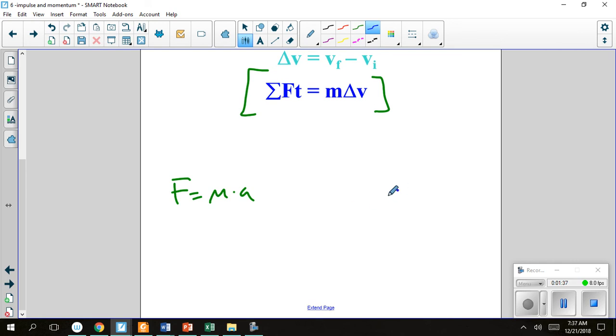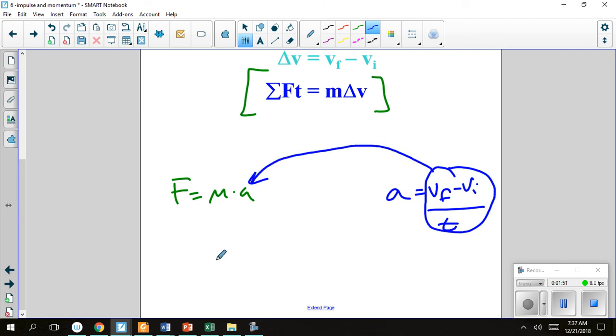Acceleration equals velocity final minus velocity initial over time. So if we take this part of the equation over here and substitute in for that A over there, our force equals our mass times our velocity final minus our velocity initial divided by time.